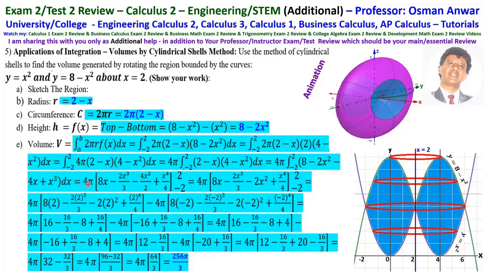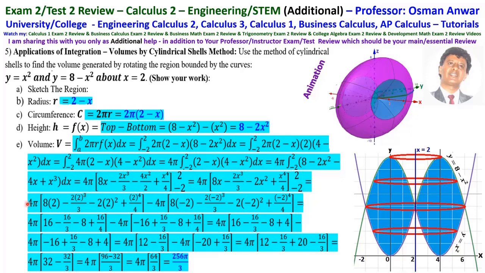When you integrate this, it is 4 pi times 8x minus 2x cubed over 3 minus 4x squared over 2 plus x to the 4 over 4, evaluated from minus 2 to 2. That is 4 pi times 8x minus 2x cubed over 3 minus 2x squared plus x to the 4 over 4 from minus 2 to 2.